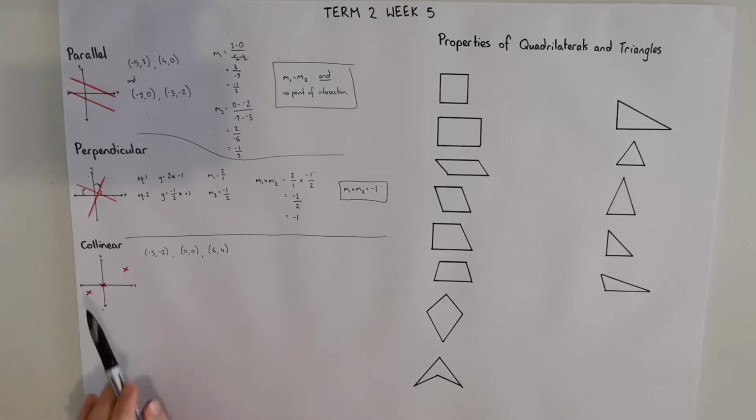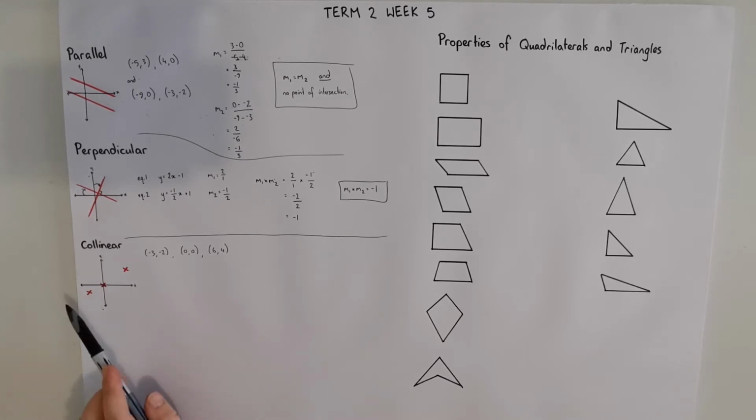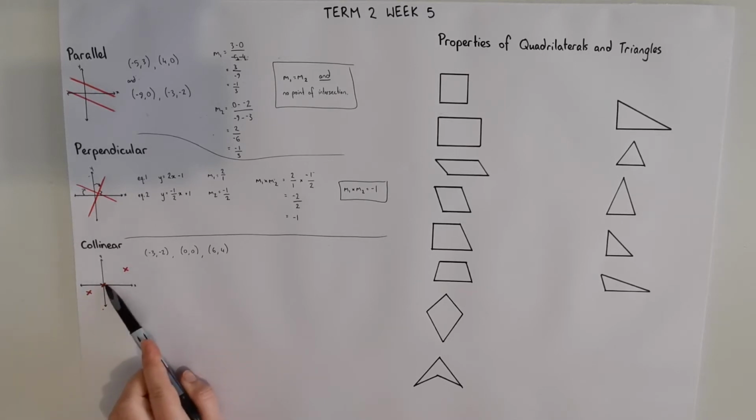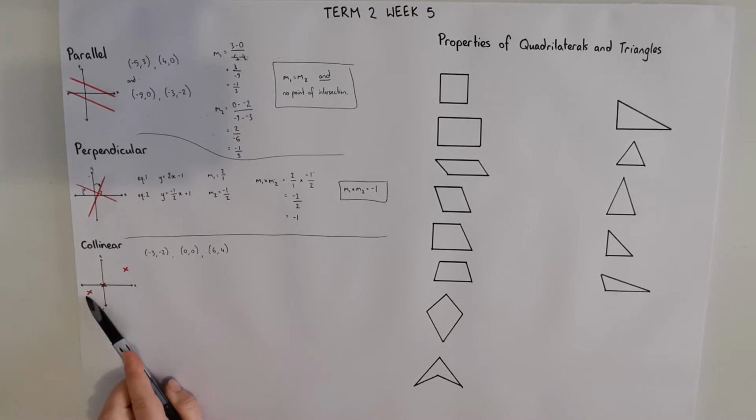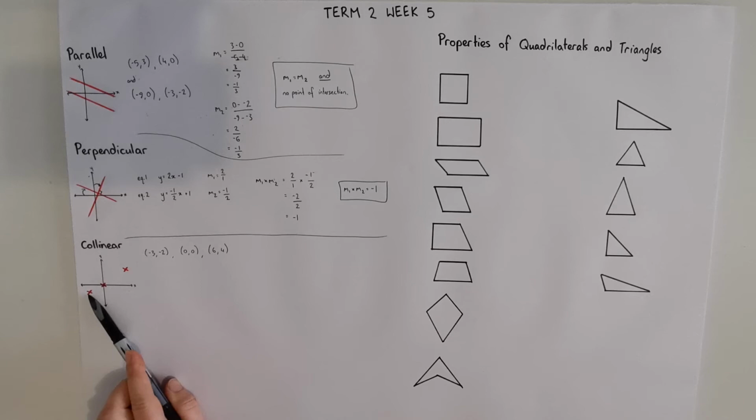So, if my 3 points are indeed on the same line, it should mean that all combinations of gradient are equal. That is to say that this gradient here would be equal to this gradient here. And because they are the same, the gradient from A to C would be the same as well.